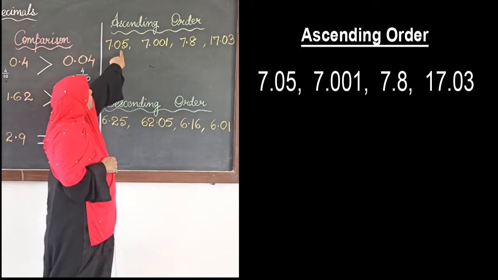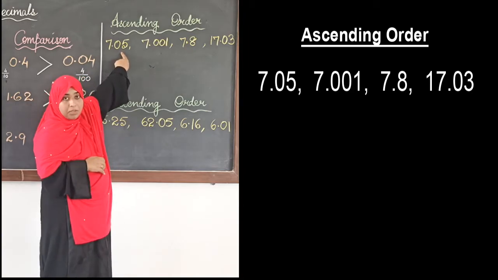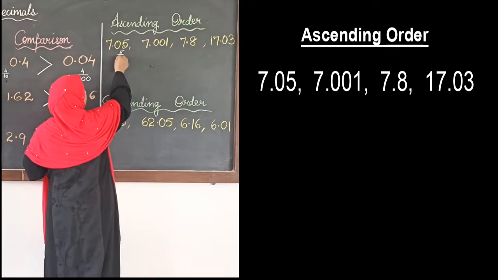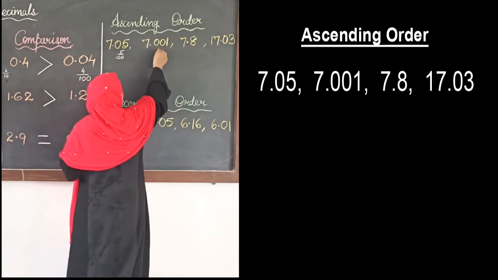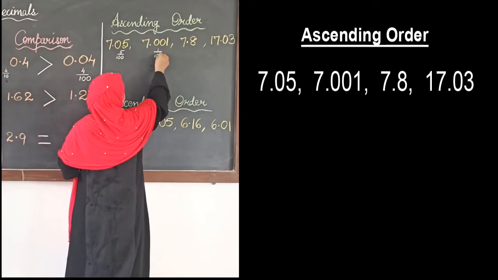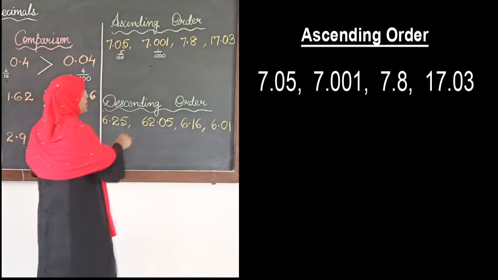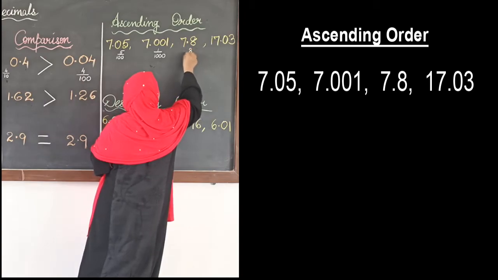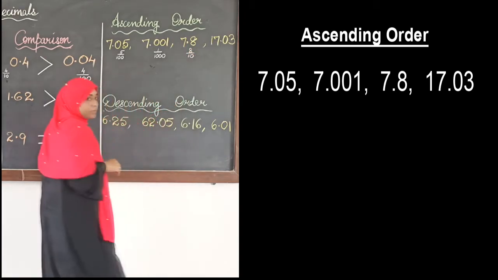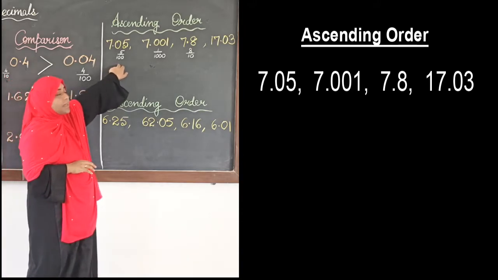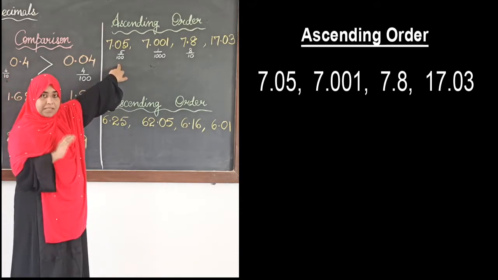So this is 5 out of 100, 5 by 100. This is 1 out of 1000. The value of the decimal part is 1 out of 1000 and the third one is 8 out of 10. If we have to compare, here 100 parts are made and 5 parts are taken.